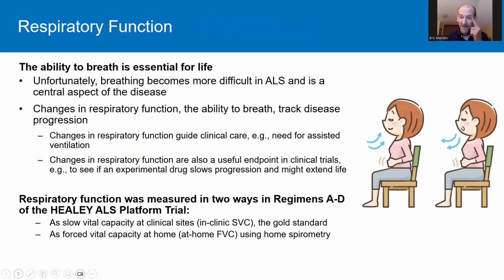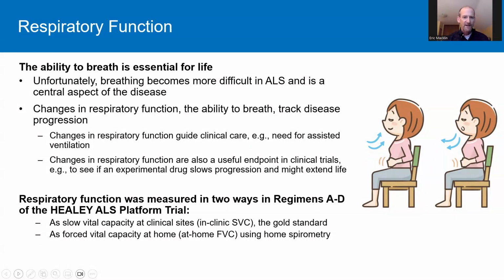Yeah, so that's a great intro, James. Thank you for setting that foundation. Just one step back, just to frame it again. Why do we care about vital capacity? What is this effort that we're going through to try to see whether we can improve our assessment of vital capacity? Obviously, breathing is central to life. And unfortunately, the ability to breathe declines during the course of ALS.